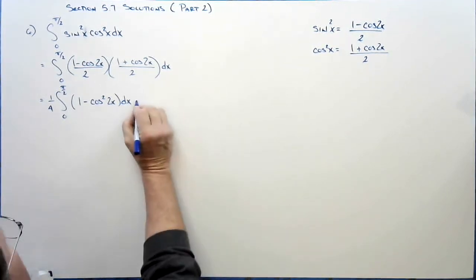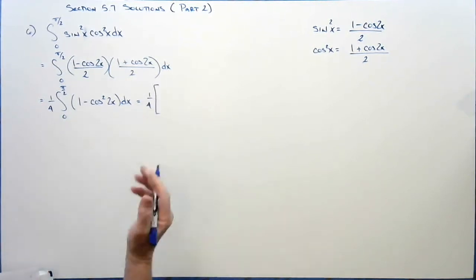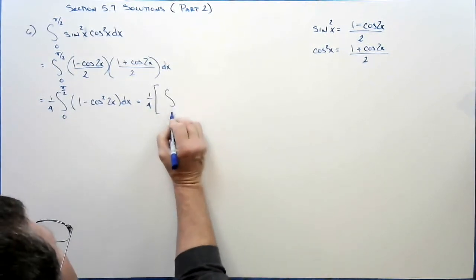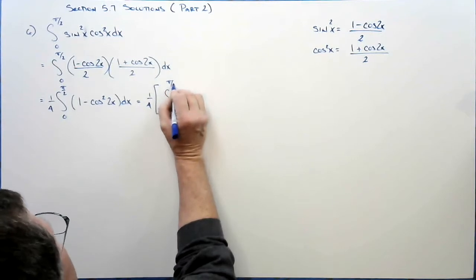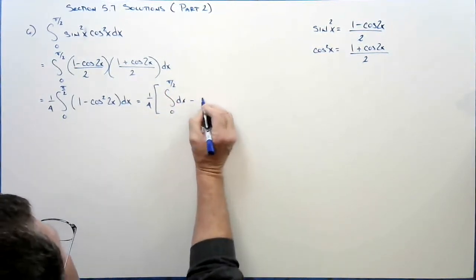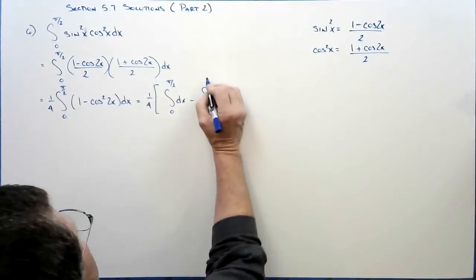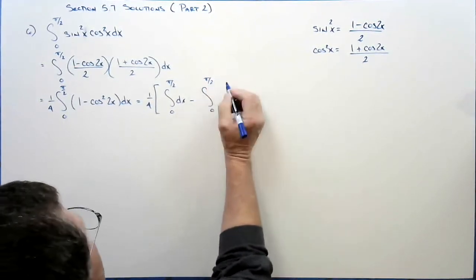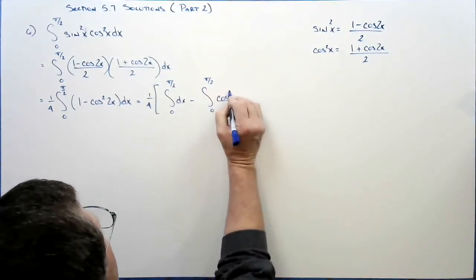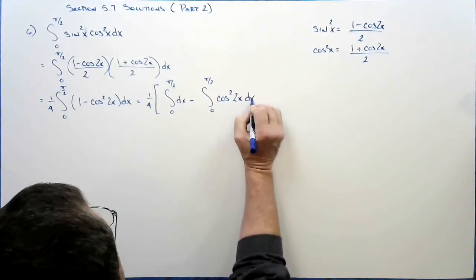Now, we can rewrite this if we want as 2 separate integrals. This would be the integral from 0 to pi over 2 of dx, right? Dx times 1 minus the integral from 0 to pi over 2 of cosine squared 2x dx.